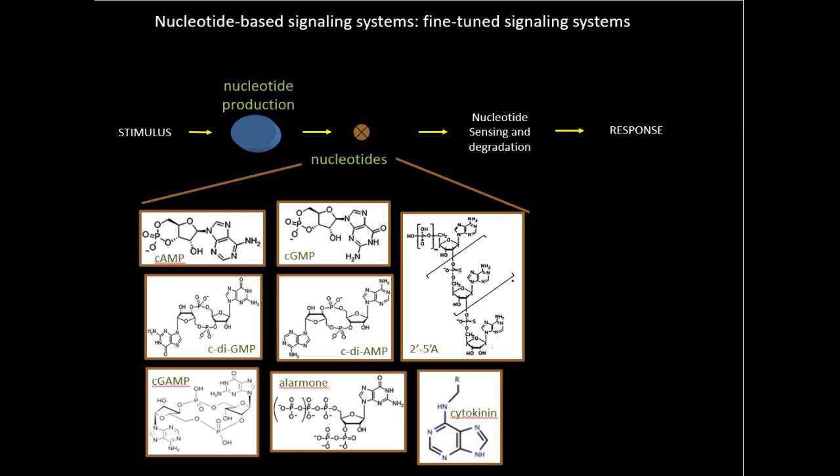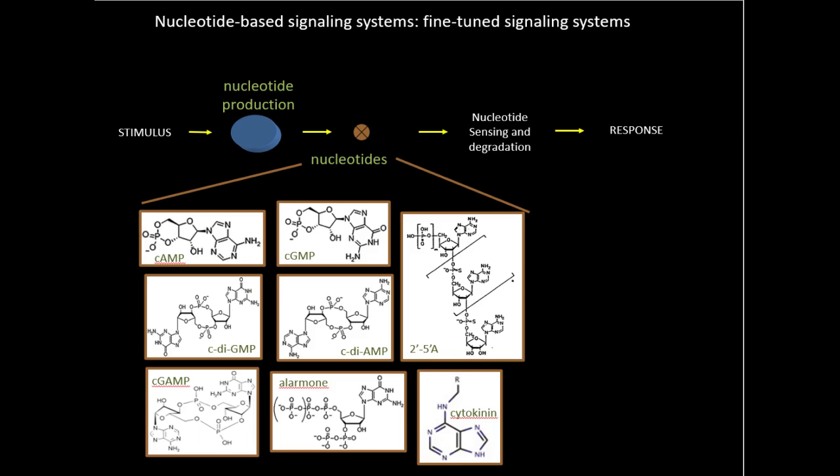They had been seen in prokaryotic signaling systems where they were recognized by a riboswitch, like those generated by the GGDEF domain. But in the eukaryotic immunity, the 2,5-A oligoadenylate was a major signaling component, and so also some cyclic dinucleotides.